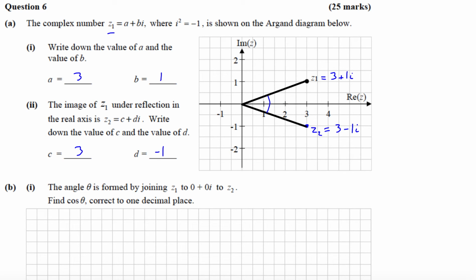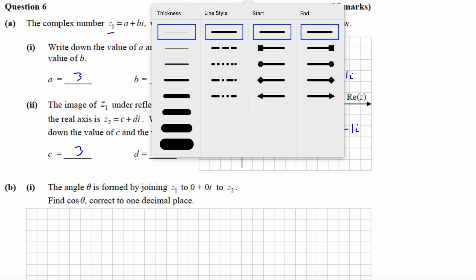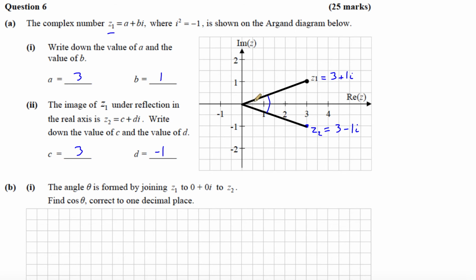Okay, well, what we could do first is find this angle here in red, in other words half of the angle we're looking for. We could find this angle first by looking at this right angle triangle.